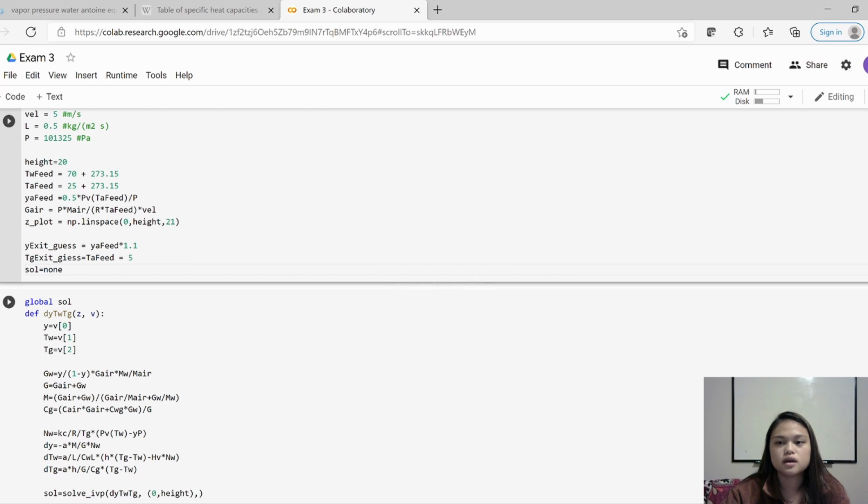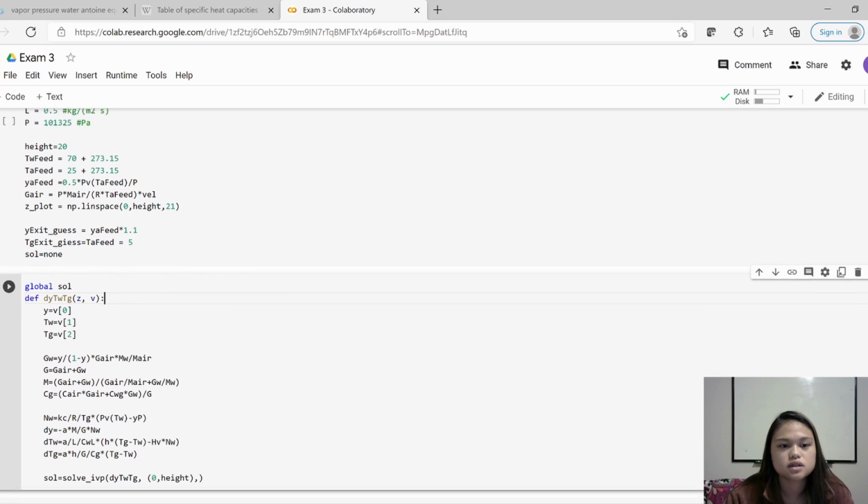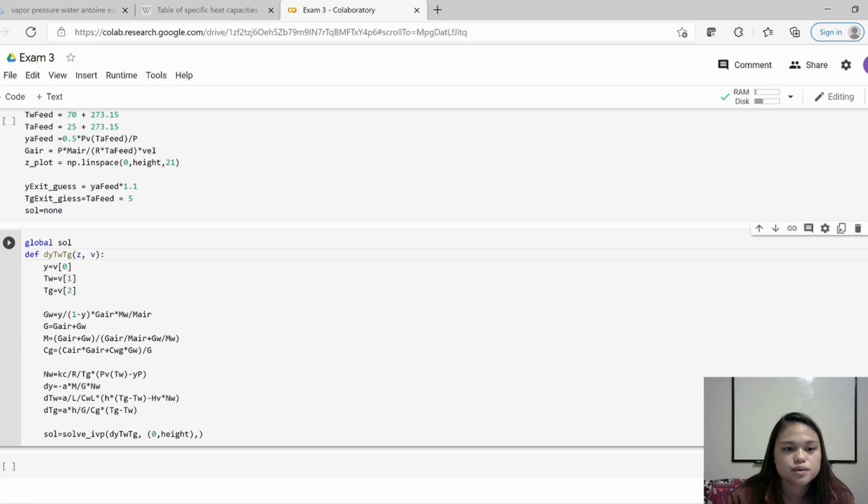Okay, so then we have those initial guesses and we want to put that in. Let's see where we put those in. Oh, here. So we need to make sure that we have the order right. So we're starting from the top of the column and going down. So we already know the initial water temperature. So we'll put that in.